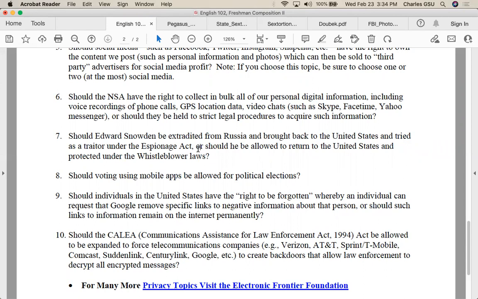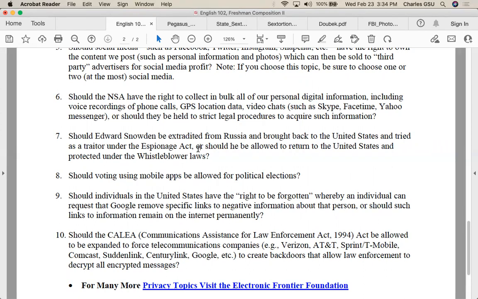And once he was in Hong Kong, he then wanted to fly to Ecuador, to South America. But he had a layover, a connecting flight in Moscow, Russia. But as soon as he left Hong Kong and landed in Russia, during that time he was in the air, the United States State Department, our government, revoked his passport.